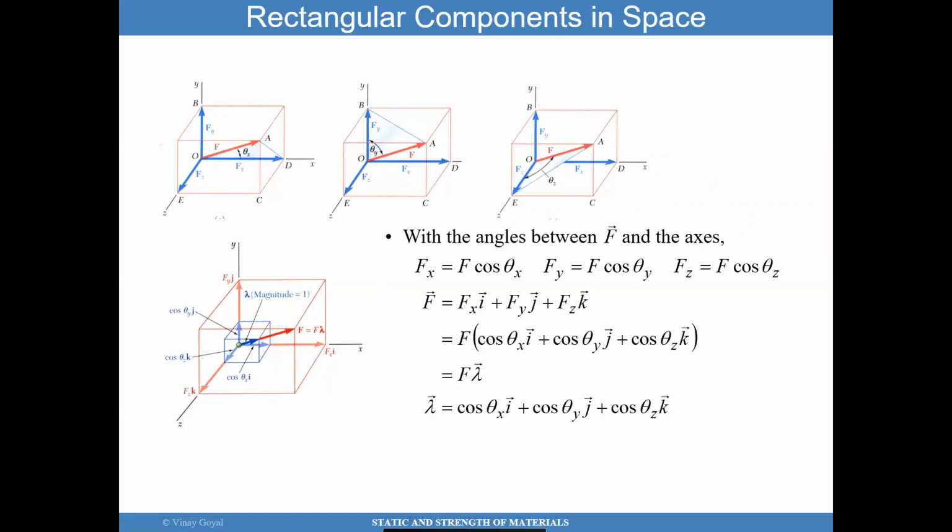If I know the angles between the vector F and the axes, so I have this vector F, and I know the angle between F and each of these axes, that makes it easy because all I have to do is resolve the F vector onto each of the axes, and that's just projecting it. So the vector F projected onto this axis is just F cosine theta x.